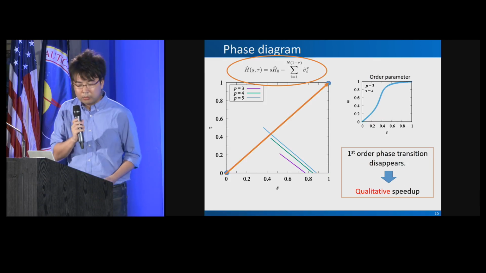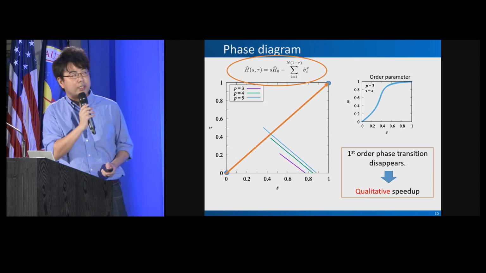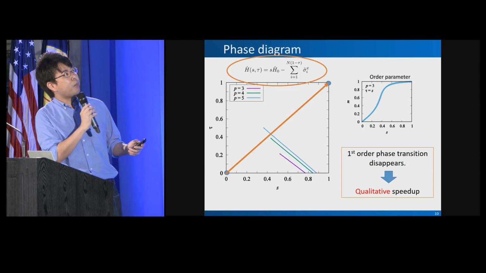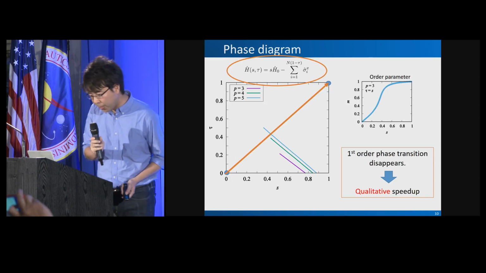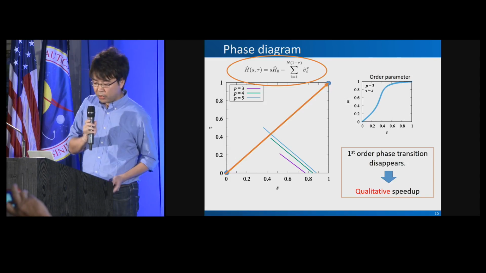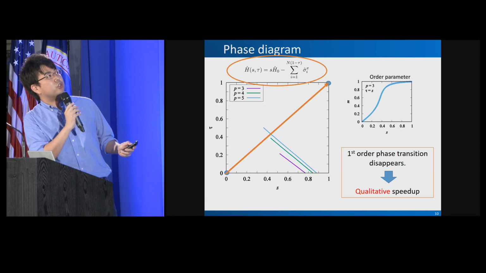Then when we control tau from 0 to 1, here we set tau equal to s. This path avoids the phase transition line for p equals 3, like this. By calculating the order parameter, this plot shows the order parameter for this path.